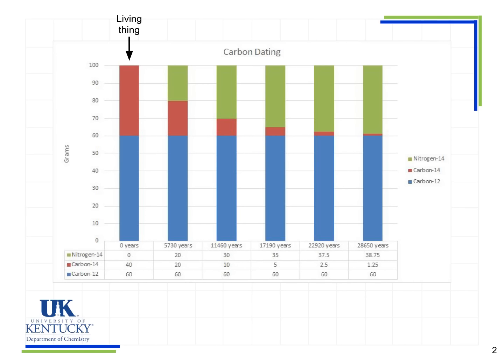After two half-lives, or 11,460 years, we still have our 60 grams of carbon-12, we have 10 grams of carbon-14 because that's half of 20, and now we have 30 grams of nitrogen-14, the 20 plus 10 more. This process continues, and notice that the carbon-12 to carbon-14 ratio continues to change, as the amount of carbon-14 continues to decrease.